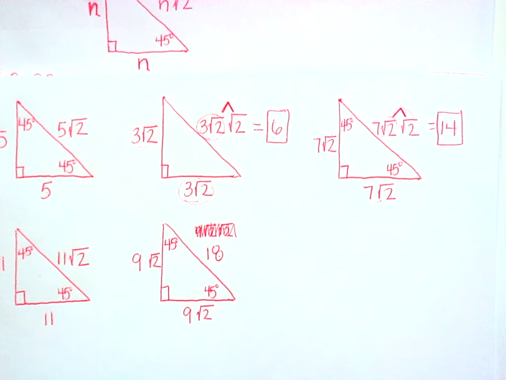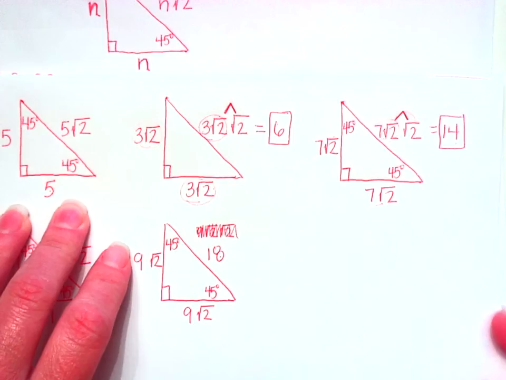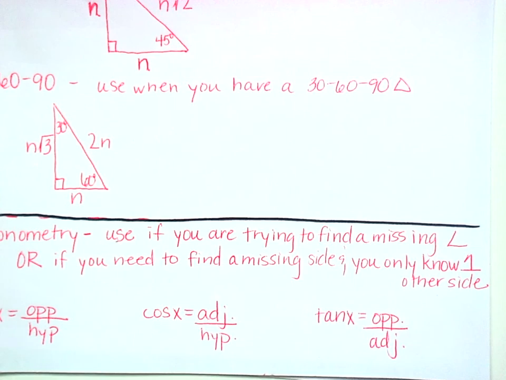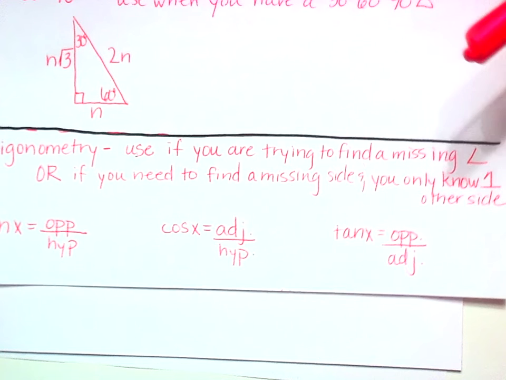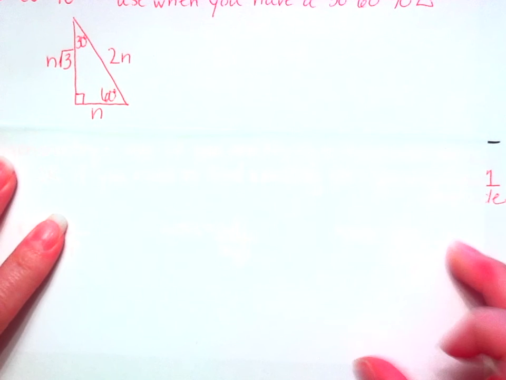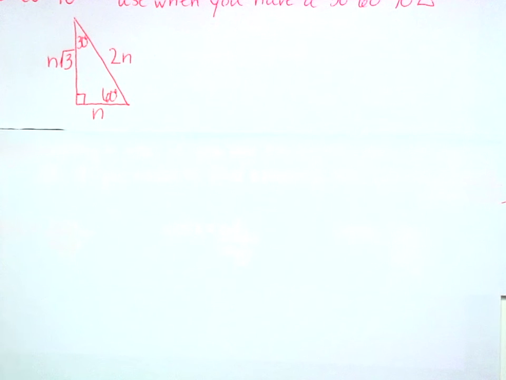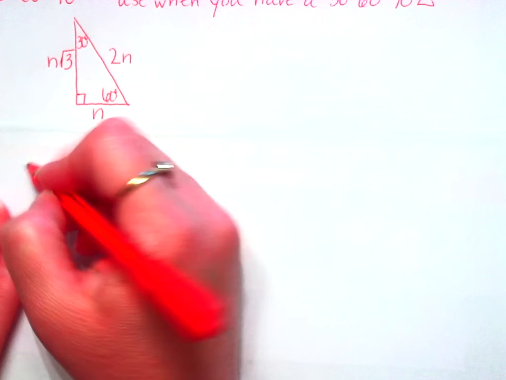Okay, let's do a couple of the 30, 60, 90 triangles. Okay, so here is our model 30, 60, 90 triangle. Okay, all 30, 60, 90 triangles look like that.